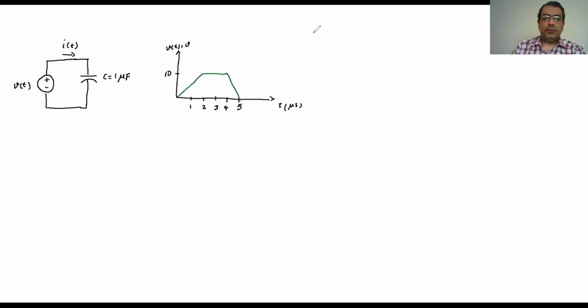We know that Q is C times V. So if we have the V value, we can just multiply it by C to get the Q value. Before I say how we are going to do that, I'm going to show you something we are going to use a lot.